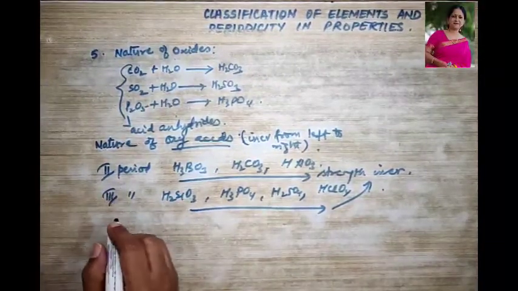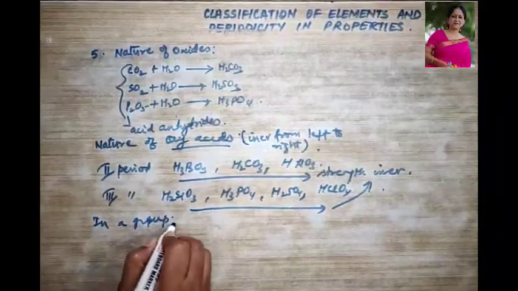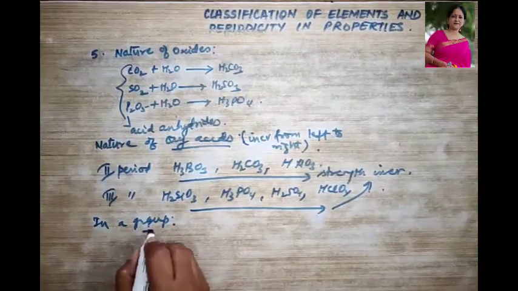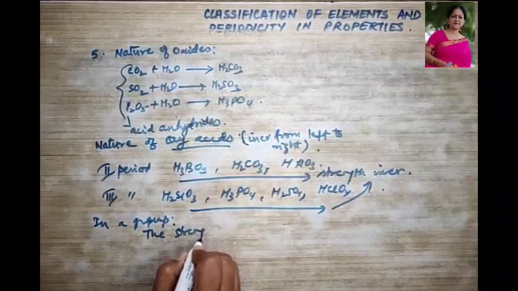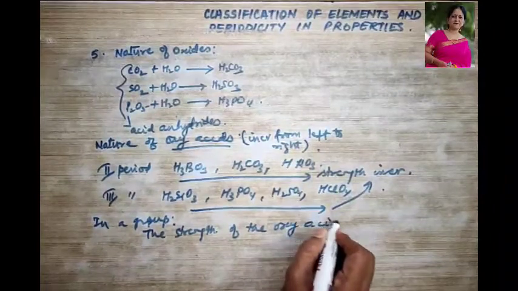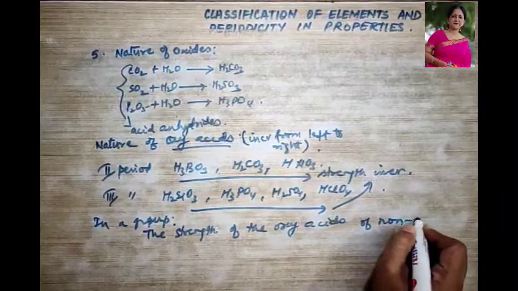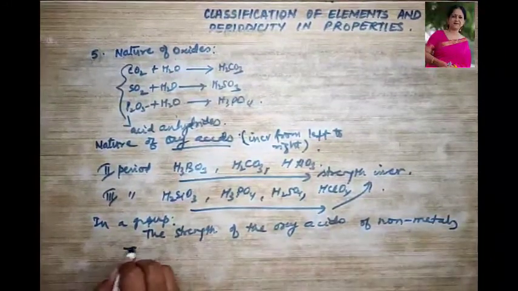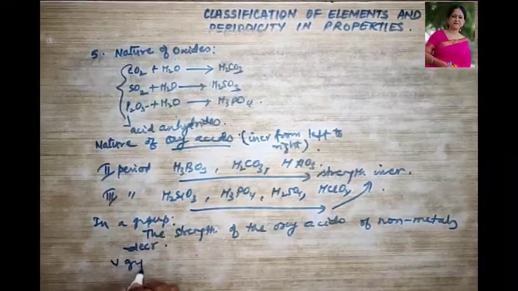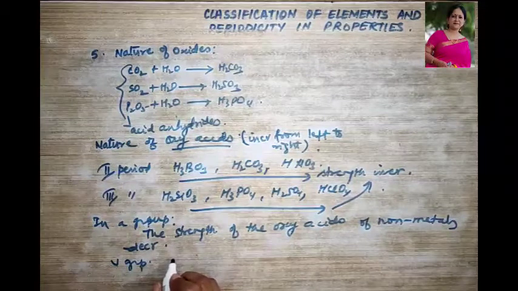Now let's talk about in a group. In a group, what happens? The strength of oxyacids of non-metals decreases. For example, if you take the fifth group, what oxyacids are you going to form over there?